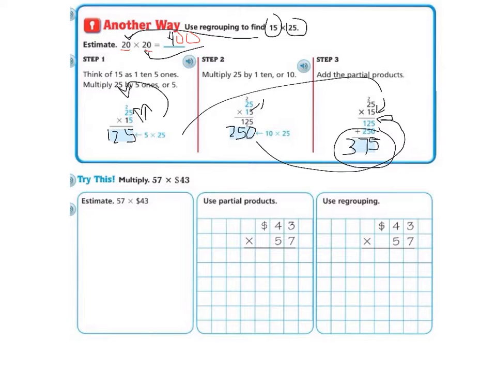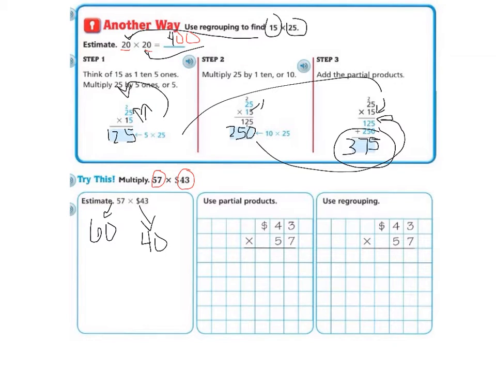Alright, let's practice this with a couple different numbers. Now we're going to practice this with 57 times 43. The first thing that we're going to do is we're going to estimate. Well, 57 looks pretty close to 60 to me. I could round it down to 50, but I think it's closer to 60. Alright, and now I'm going to round 43 to 40.